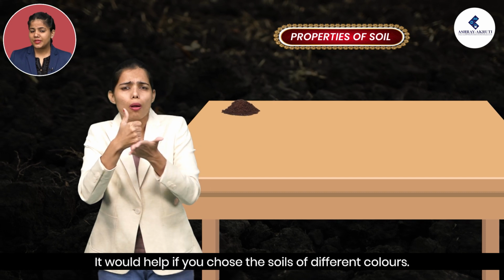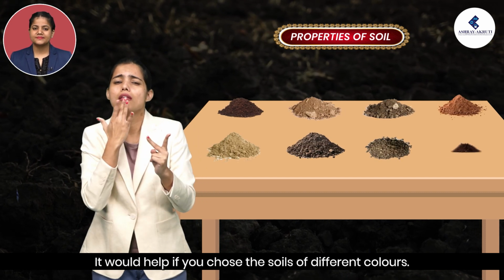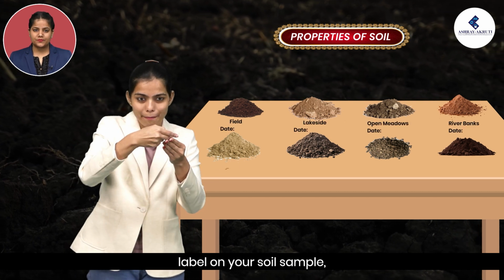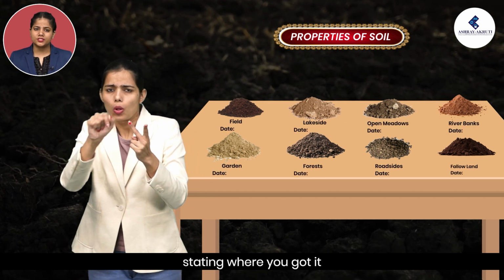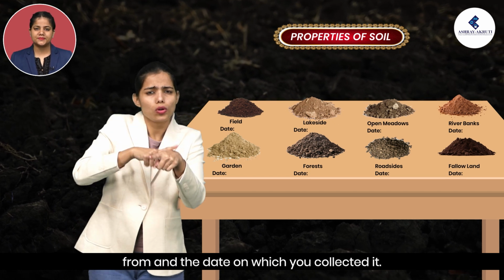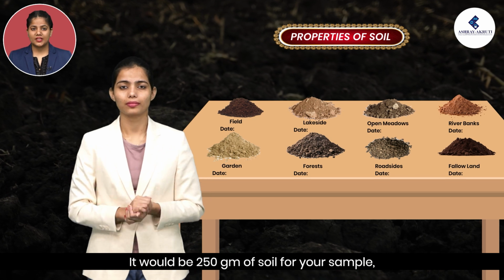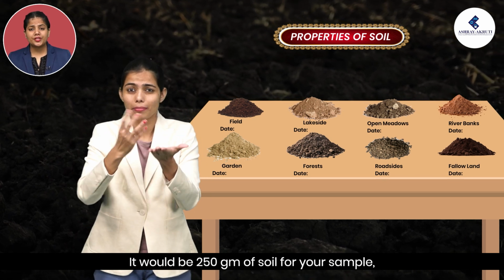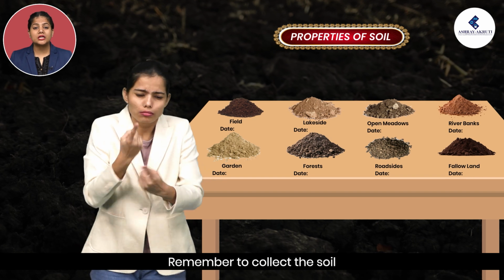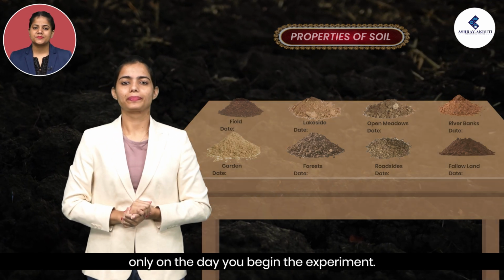It would help if you chose the soils of different colors. Label your soil sample, stating where you got it from and the date on which you collected it. It would be 250 grams of soil for your sample. Remember to collect the soil only on the day you begin the experiment.